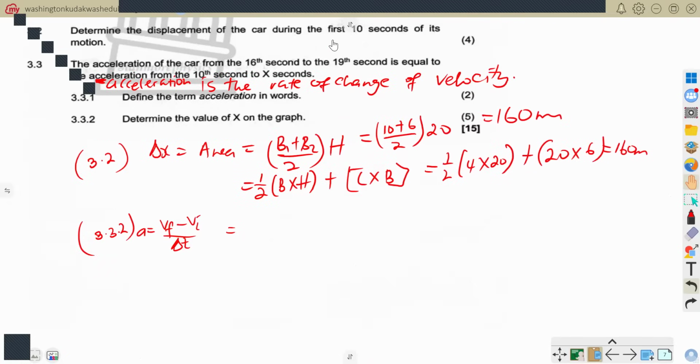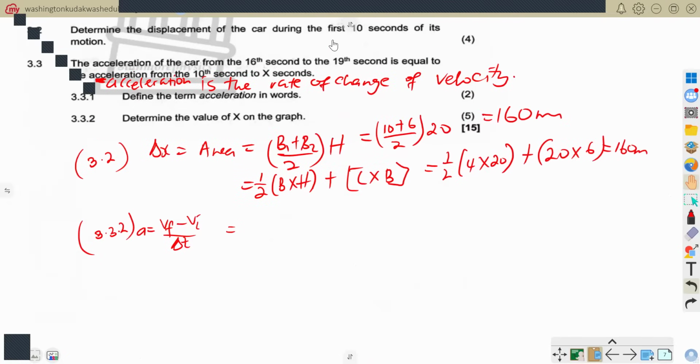So those are the values that we are going to use. So given that information, we would say that negative 12 minus 0 divided by 19 minus 16 should be equal to 0 minus 20 divided by x minus 10.